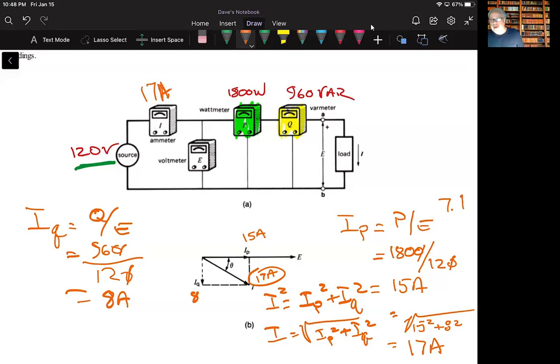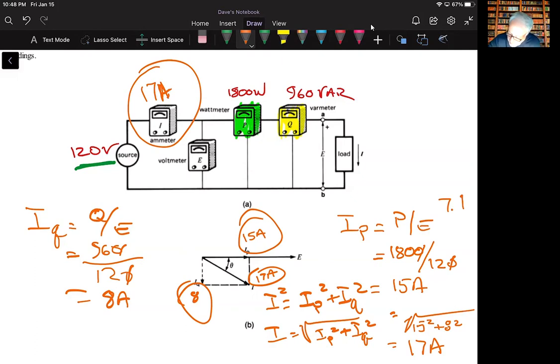Now, if I am providing circuit protection to this situation, I need to specify it in terms of 17 amps, not 15 amps, not 8 amps, not just the sum of that. It wouldn't be 23 amps, but it's the vector sum of those two, and it comes out to be 17 amps. He says, what is the apparent power?